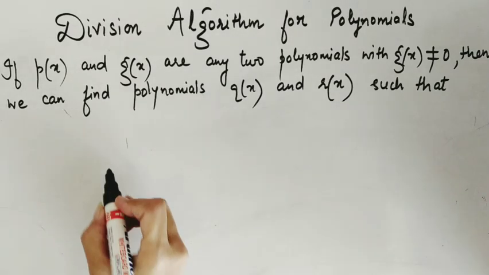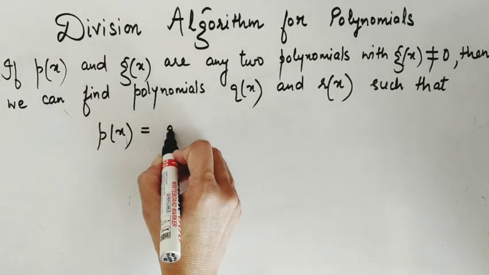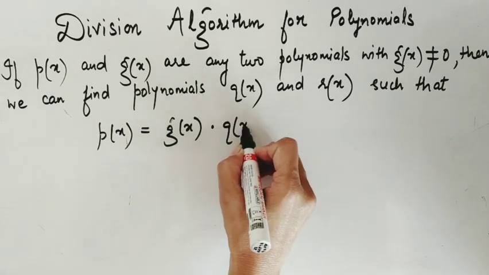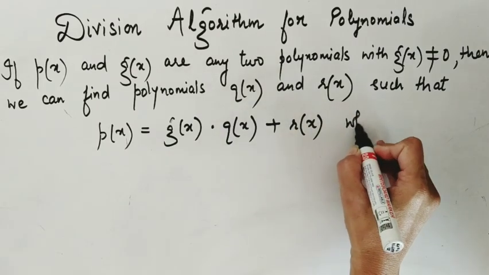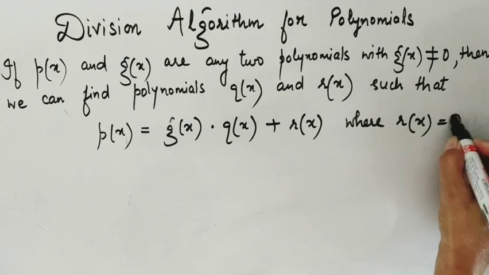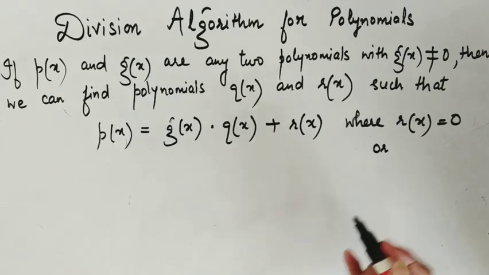according to the statement, p(x) can be written as g(x) into q(x) plus r(x), where this remainder r(x) can be either 0 or the condition where we would stop. At times the remainder may not always become 0.